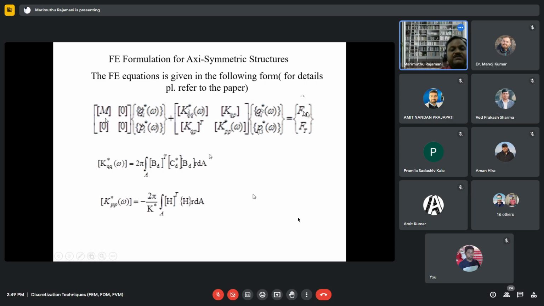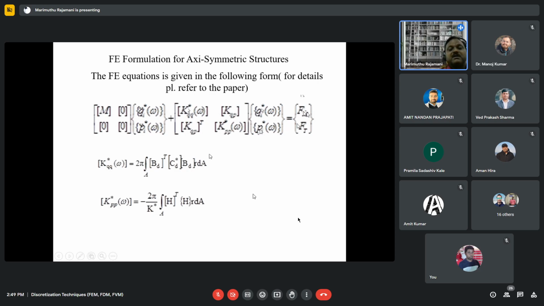then this equation falls into the same domain. Same domain means it is in the frequency domain. This left side equation is in the frequency domain, and the applied load is also in the frequency domain. Then this equation can be solved directly and you can get the solutions.